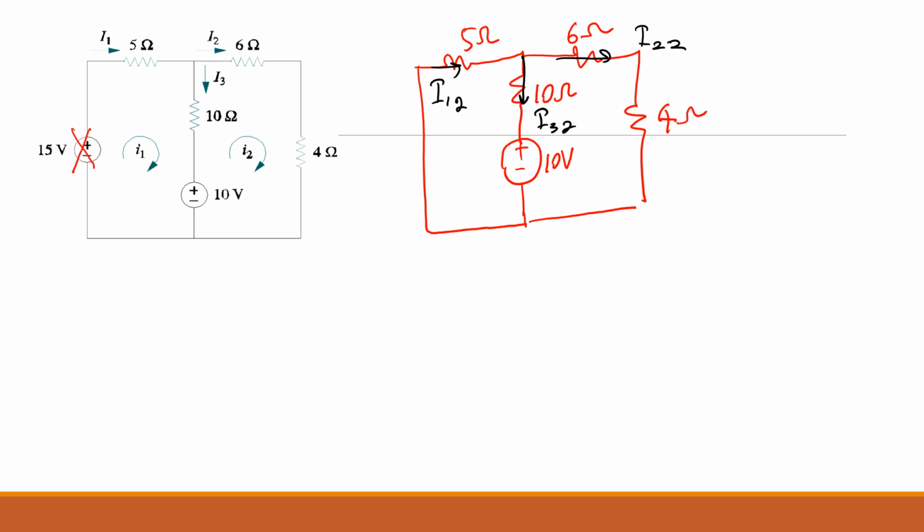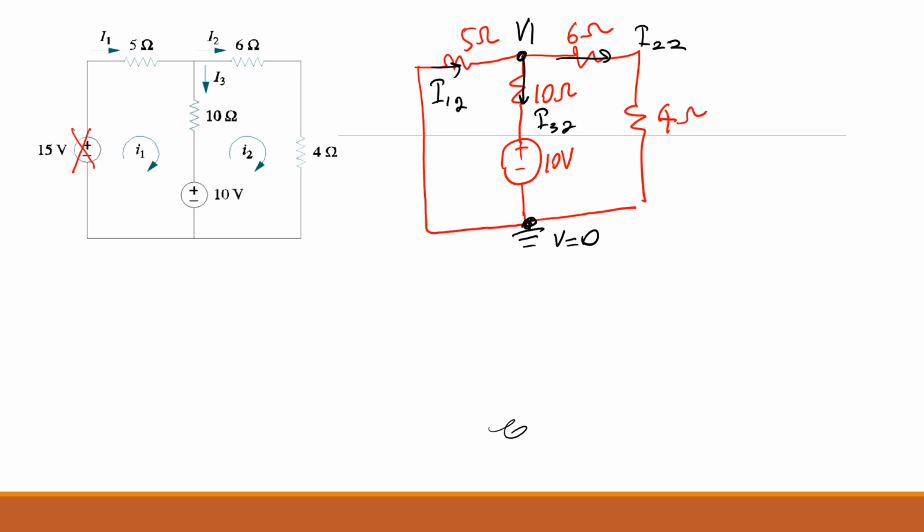Okay. We are identifying nodes, so we have two nodes here. This one is our reference node, which is V equals 0, and this is V1. Okay, V1. And what is the next step in the voltage method?